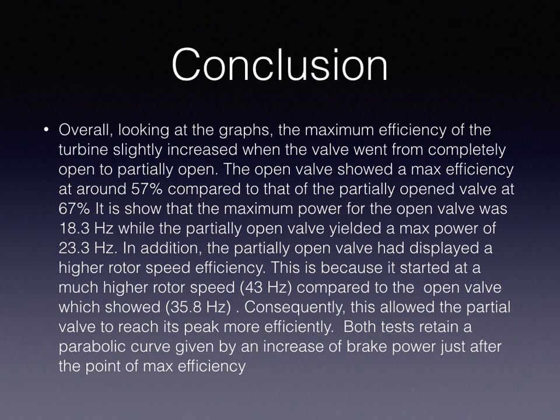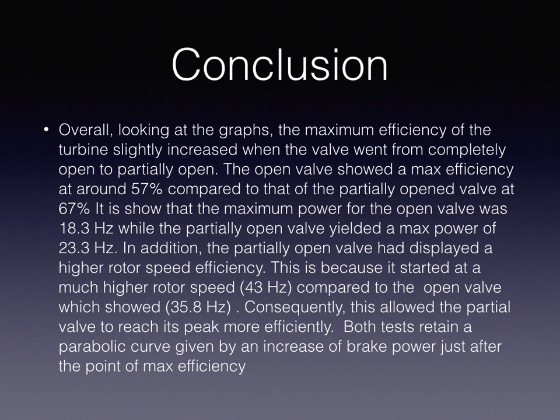The open valve showed a maximum efficiency at around 57%, compared to that of the partially open valve, which was approximately 67%. In other words, this overall efficiency was dependent on the most balanced speed with a high head of water. Anything less or insufficient would not provide the momentum needed to drive this force.